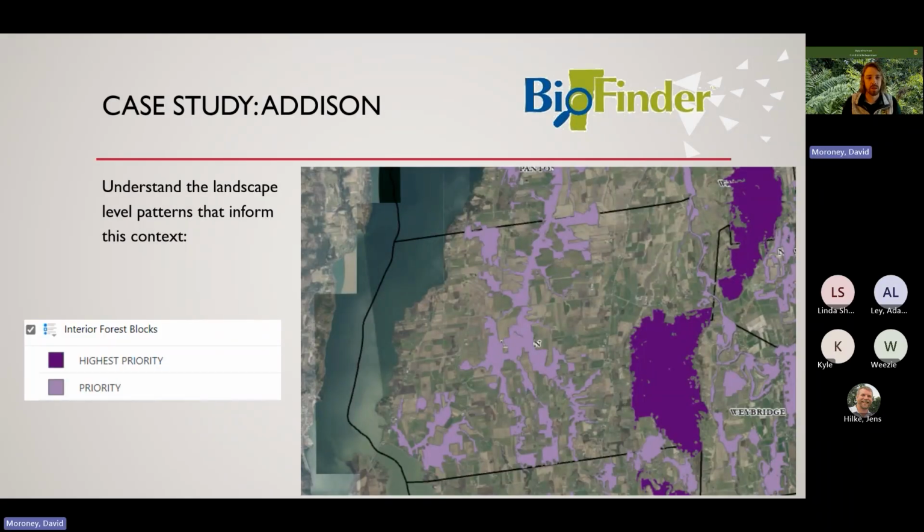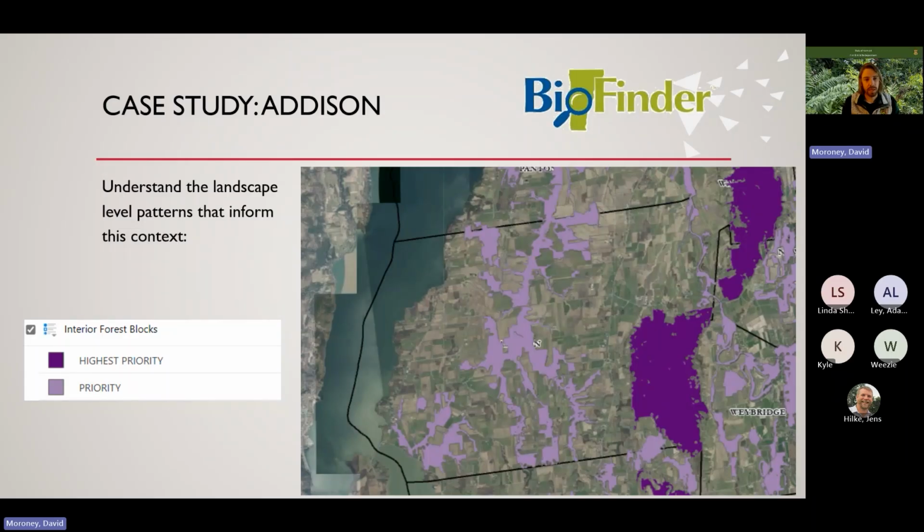All right, now back to Addison. After we've looked at the overall priorities, we want to break it down into its components. So we can look at the interior forest blocks here in dark purple and light purple. We can see that we have one very large, still intact forest block, or large in comparison to the surrounding smaller fragmented blocks. So it's going to be very important to protect that.